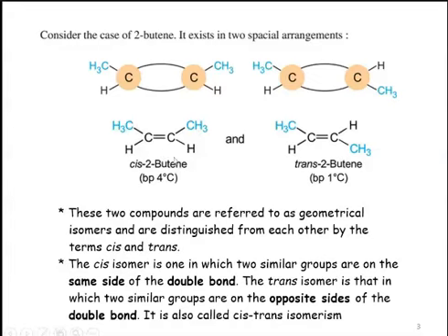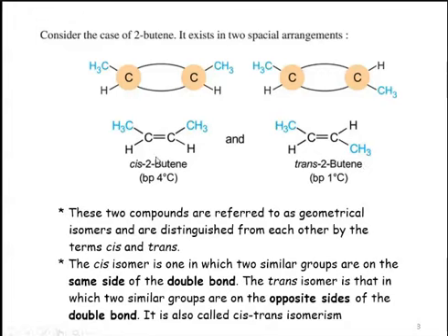Here, we specify this type of spatial arrangement by using the term trans. Hence, this structure can also be called trans-2-butene. If we call it 2-butene, we are not giving any idea regarding the spatial arrangement of the atoms or functional groups present in the molecule.